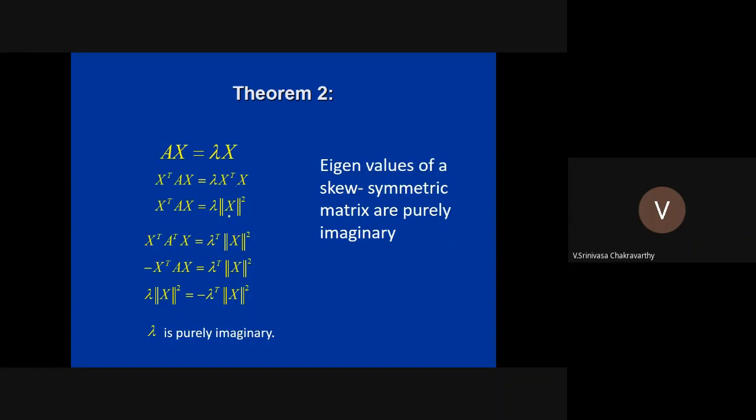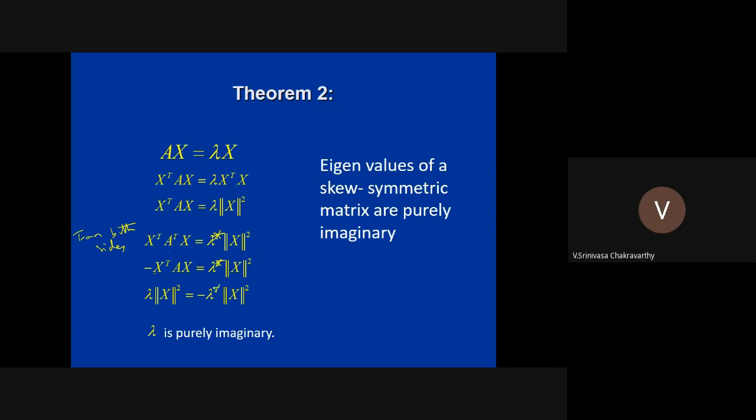Then x transpose Ax equal to lambda norm x square, right? And then transpose both sides. You get x transpose A transpose x, and this should actually be star. And so A transpose becomes minus A, so you get minus x transpose Ax equal to this.